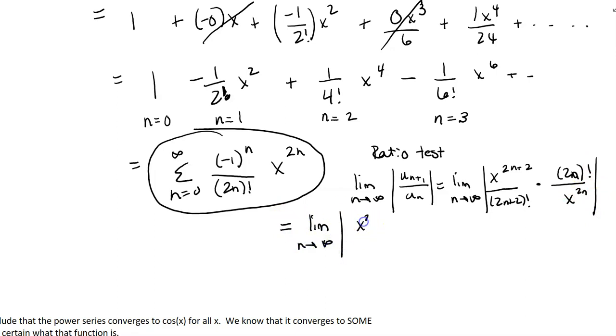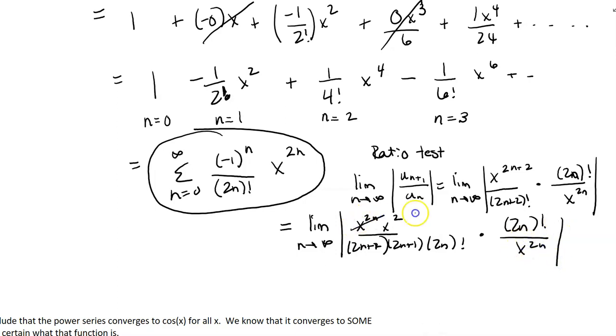So I'll have x to the 2n times x squared. Breaking this down, I'll have 2n plus 2 times 2n plus 1 times 2n factorial times 2n factorial over x to the 2n. Cancel what cancels.